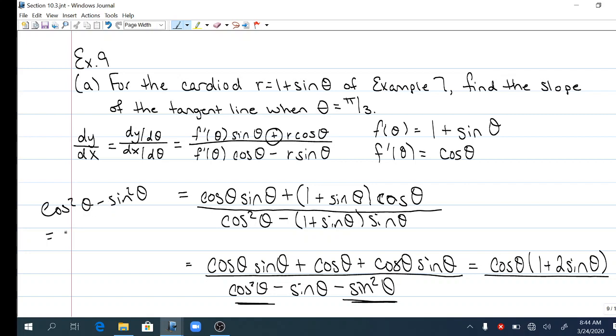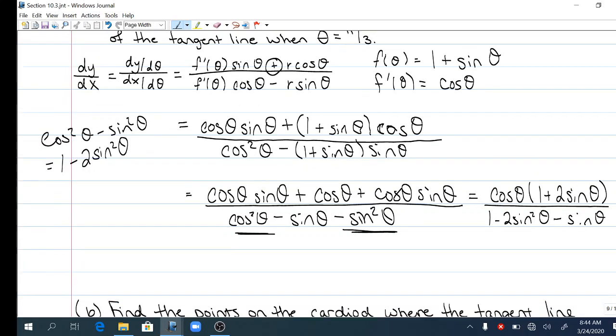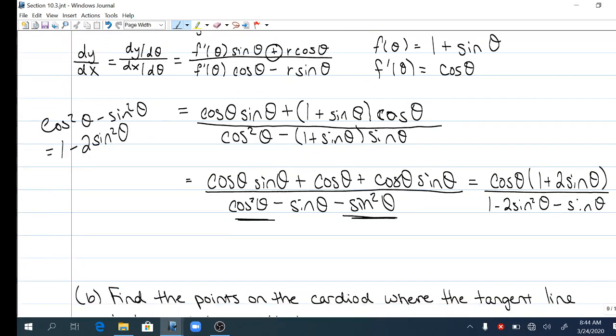which is equal to, alternatively, 1 minus 2 sine squared theta. So I'm going to replace that difference with 1 minus 2 sine squared theta, and then we still have a minus sine theta in the denominator. That was using my double angle identities for cosine.